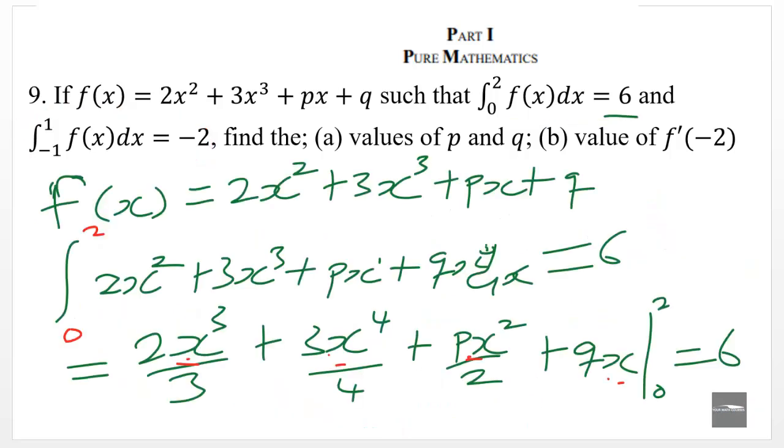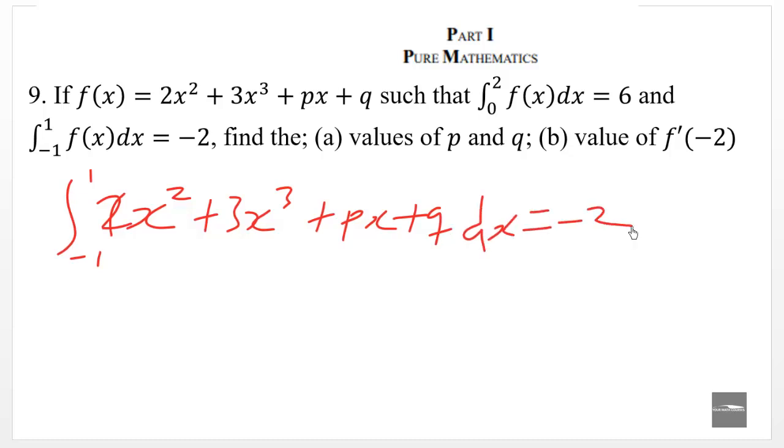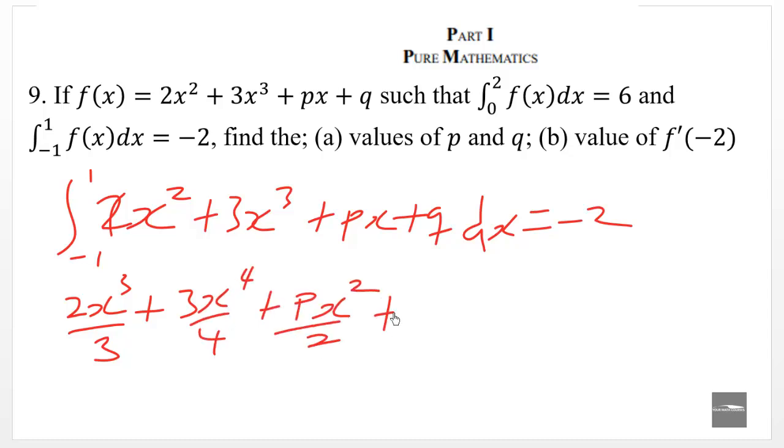So we are going to get the same integral as this, to save our time. So from -1 to 1 of the given function, this time we are equating to -2. So we are obtaining the same integral when we integrate it.